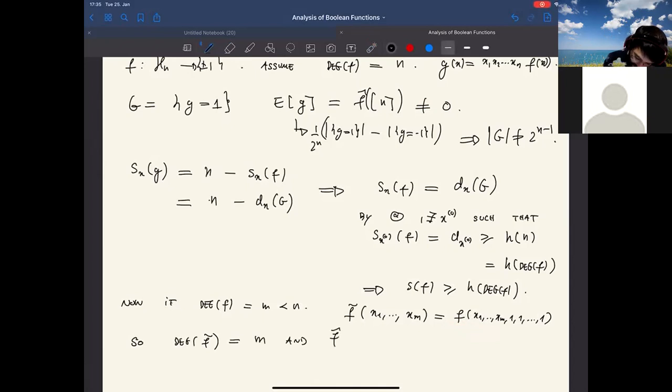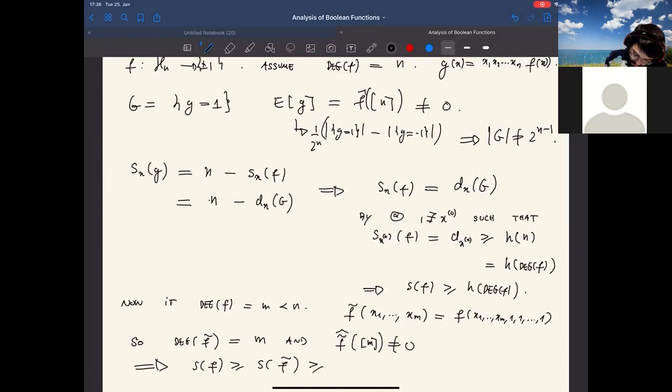And so f tilde hat at m is not 0. And so I can apply the same construction as before. So the sensitivity of f is definitely greater than the sensitivity of f tilde, because f tilde is some reduction of f.